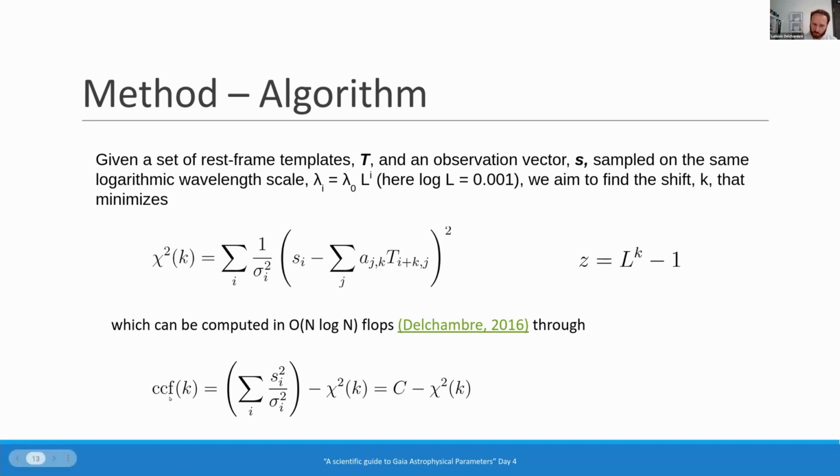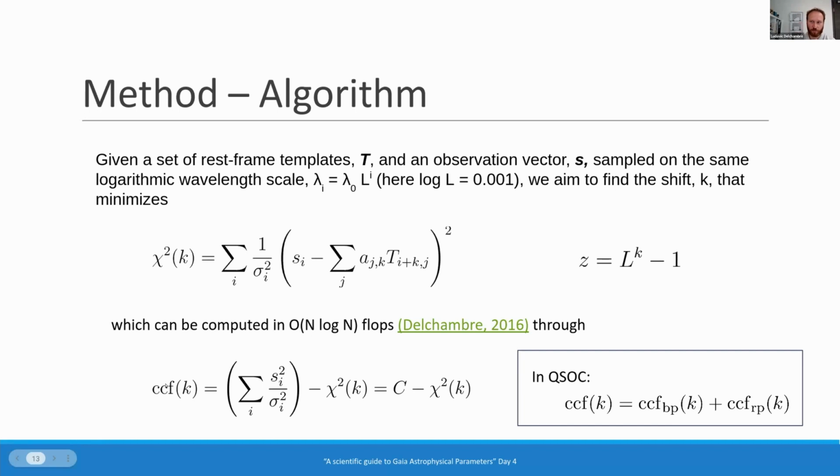And in order to compute this cross-correlation function, it takes only linearithmic, so O(n log n), floating point operations. So this is the reason why we will now talk about the cross-correlation function, but this is clearly related to the classical chi-square, actually.